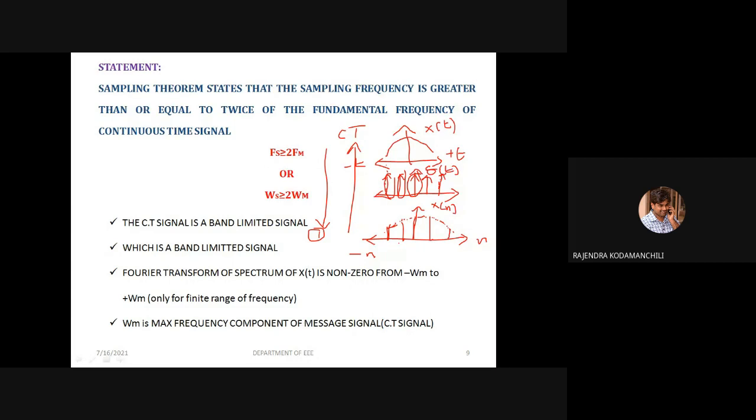In step number two, once we get the discrete or sampled output signal, it is used to reconstruct and recover the original signal without losing any data or information. Up till now, is everyone happy? Once we get the discrete time signal, it is used to reconstruct the original continuous time signal without losing any information, and that is called the sampling theorem.